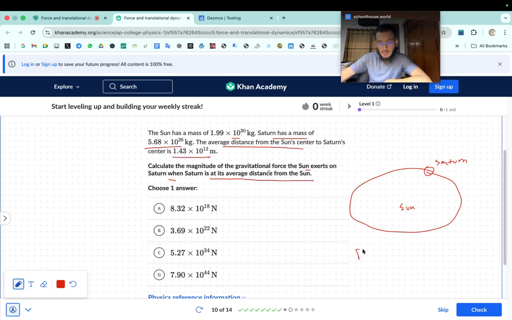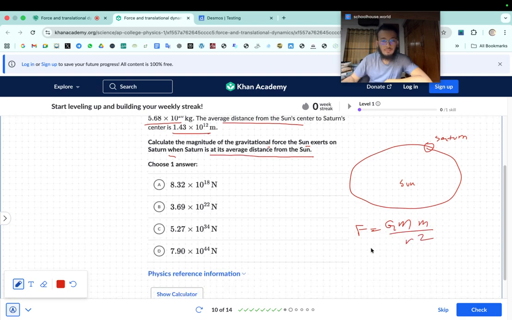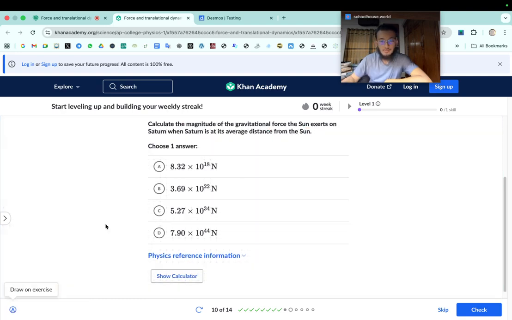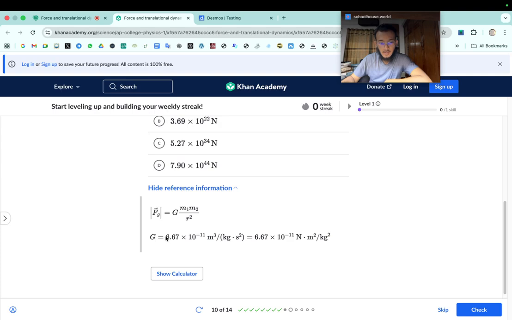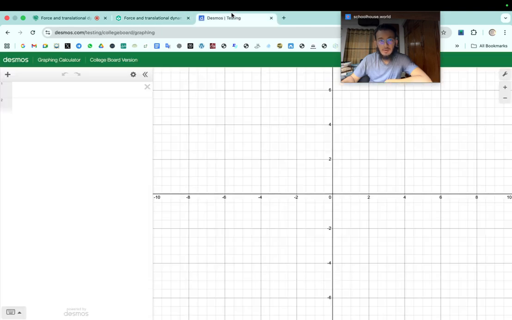We know the gravitational force F equals GMm over r squared. We have a calculator here. We'll use Desmos. So G is given by 6.67 times 10 to the power negative 11.